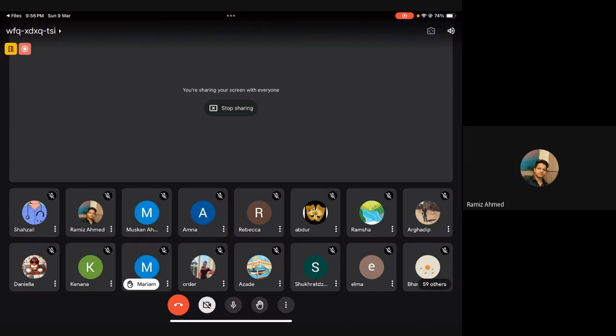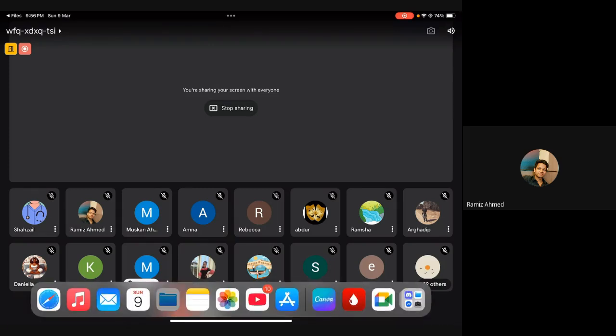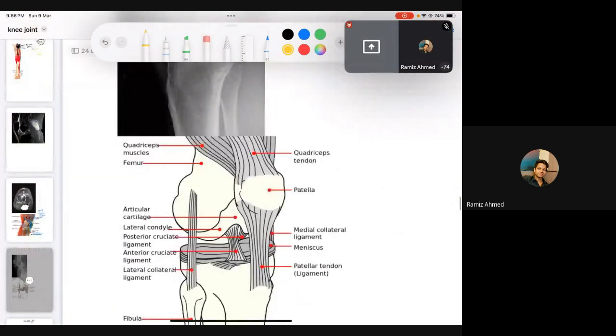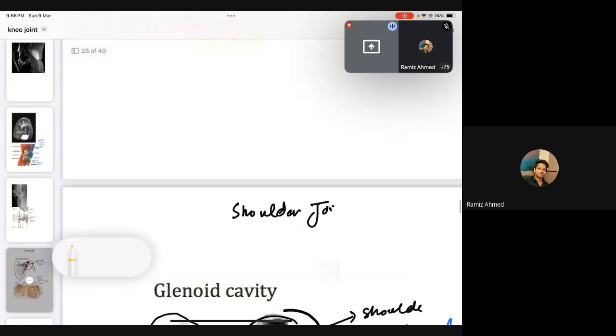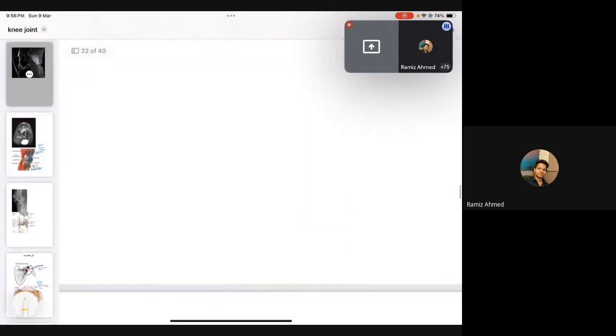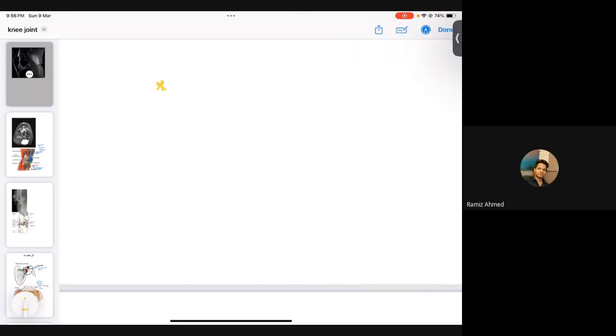Can anyone just tell me about patellar fracture? What is the patellar bone? What's the function of that? We discussed already, right? Yes, please. To protect the knee from anterior force, against gravity, anterior trauma. Okay, Dr. Muskan, can you just please tell us about the patellar fracture?